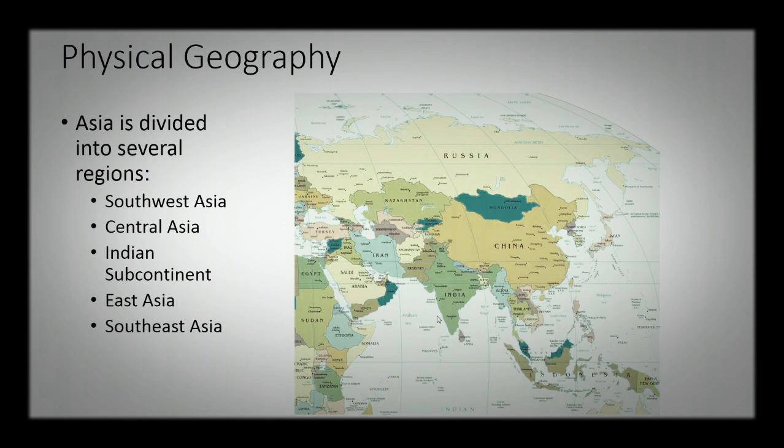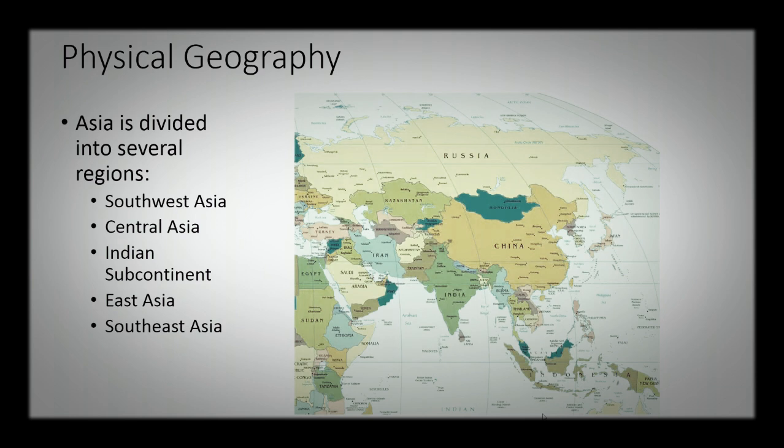We're also going to be talking about East Asia. East Asia, right here, includes Mongolia, China, the Koreas, Japan, and Taiwan. And then we're going to be discussing the region of Southeast Asia. Southeast Asia is mainly made of islands and peninsulas, and it includes countries like Vietnam and Thailand and Malaysia and the Philippines and Indonesia.